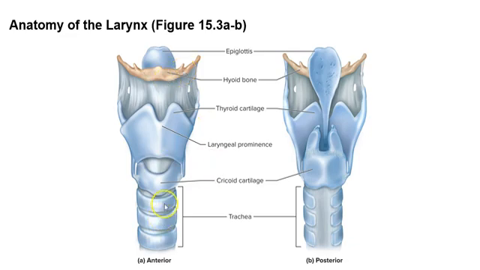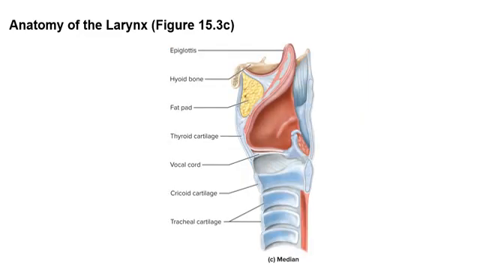Down below the larynx, we also see the trachea, which is lined with rings of hyaline cartilage, kind of similar to that cricoid cartilage that we saw in the larynx. Now we know the larynx is going to provide sound, and it's also going to prevent food and drink from being able to enter into our respiratory passages. So this is another lateral view of the larynx, and you can see some of those internal structures.